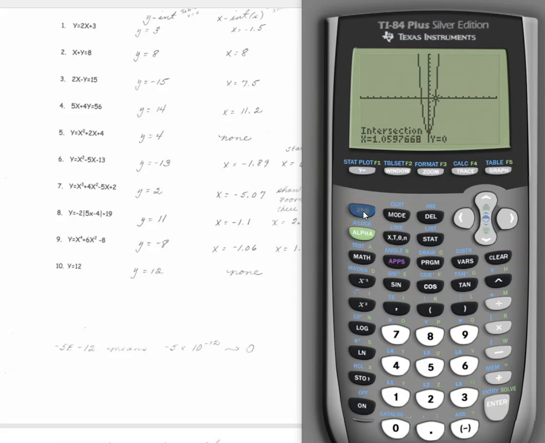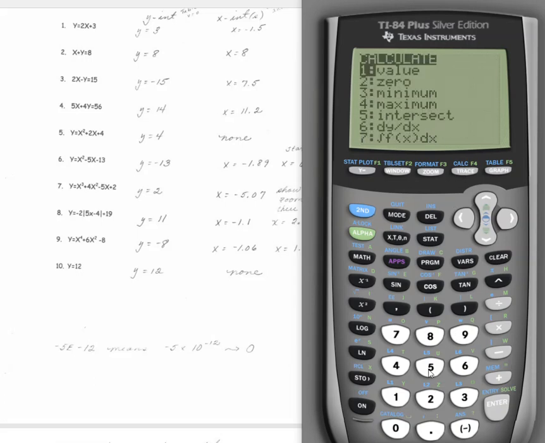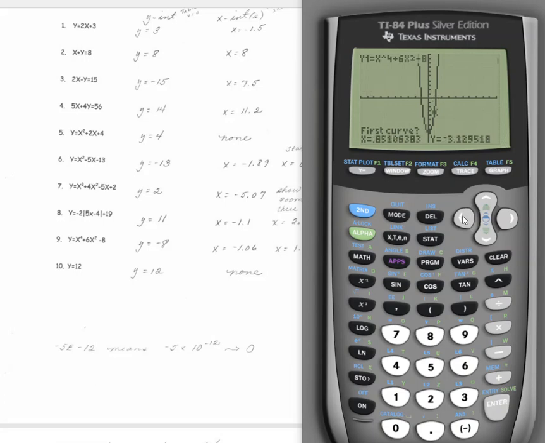We'll get the second one, second, calc 5. We'll move to the left, and we'll hit enter 3 times. And we get negative, oh, did I get that same one? I went the wrong way, so sorry. Second, calc 5, and we'll go this way.